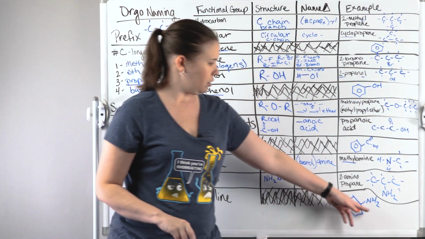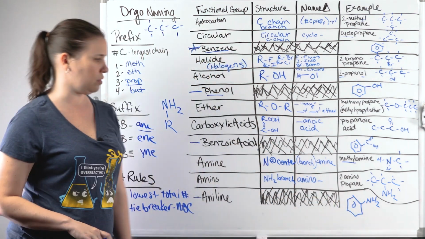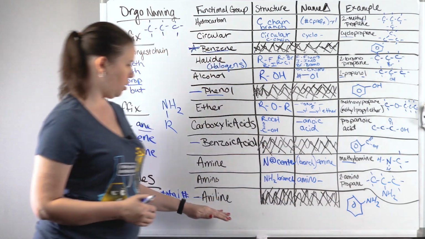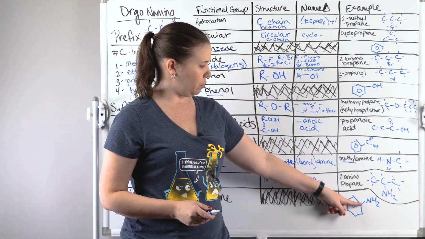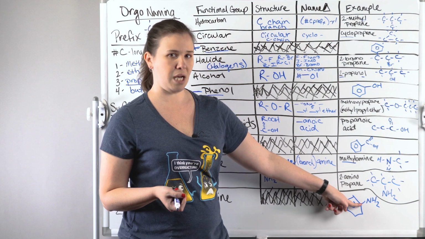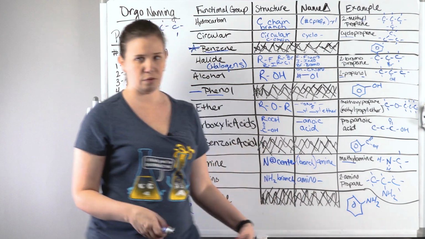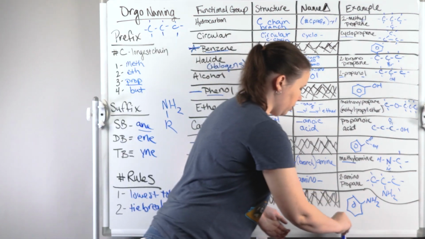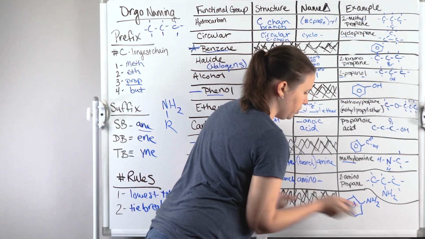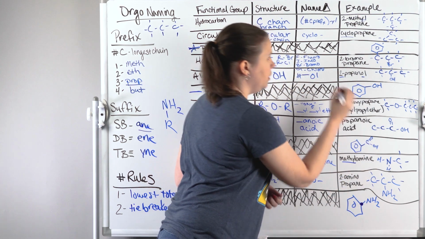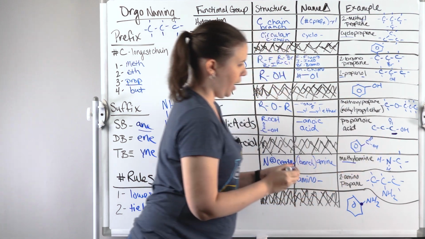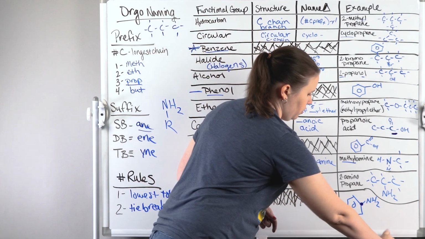So we're attaching the amino, or the NH2, to the benzene. Another situation where once I do this and once I call it an aniline, that right there would become the number one carbon wherever we've attached the NH2. So keep that in mind if you have other branches, that has to be the number one carbon. Two cases where that happens: my aniline and my carboxylic acid, where it has to be the number one.